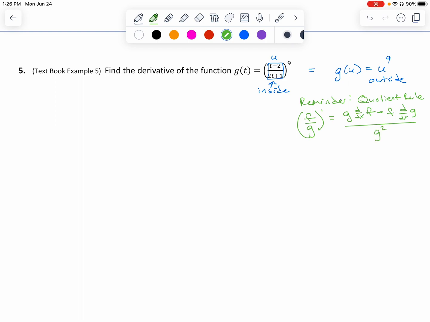And then when we see the d's, that's where we have to do calculus. And when we see something without a d in front of it, then we just copy it straight down. So let's jump in.